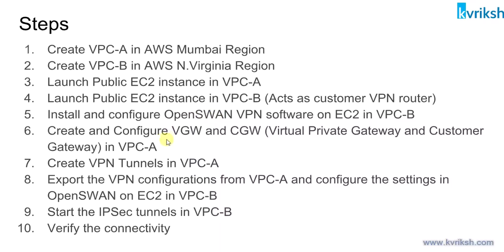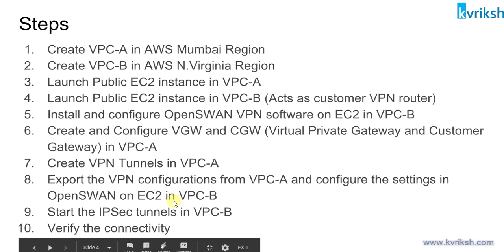Then in VPC A we will create a virtual private gateway and a customer gateway, and then we'll create the VPN tunnels. Once we create a VPN tunnel on the AWS side, we need to export its configuration, and we have to import that in OpenSWAN so that these two ends can communicate securely. Once this is done, we will test our connectivity.